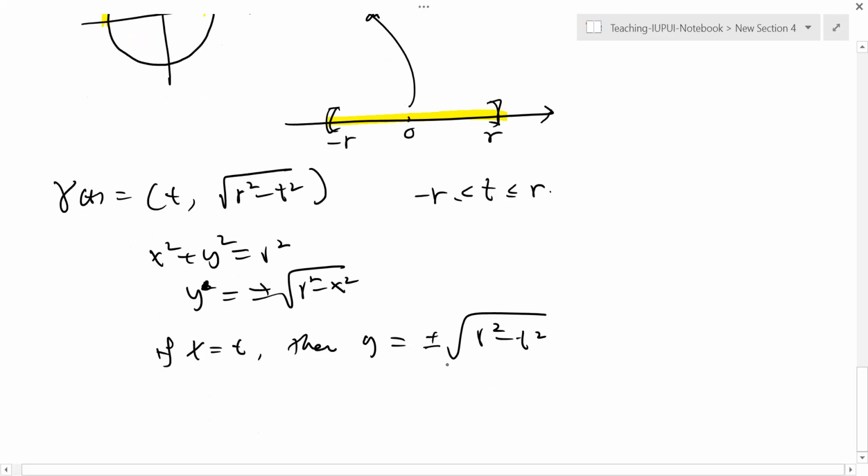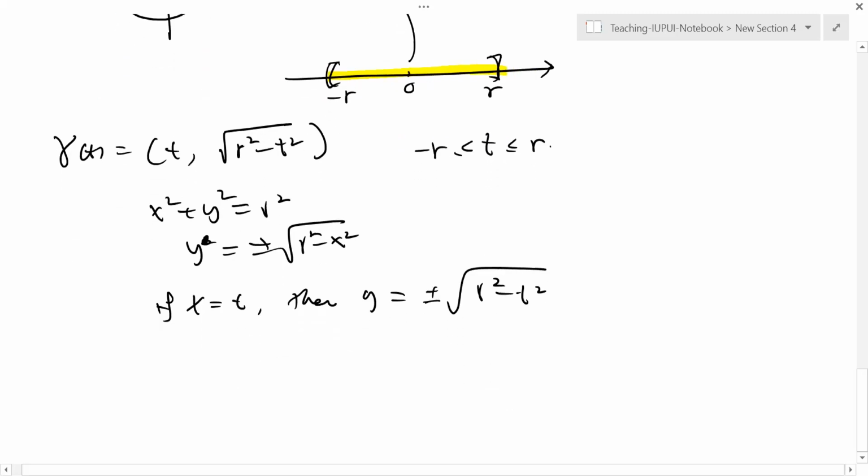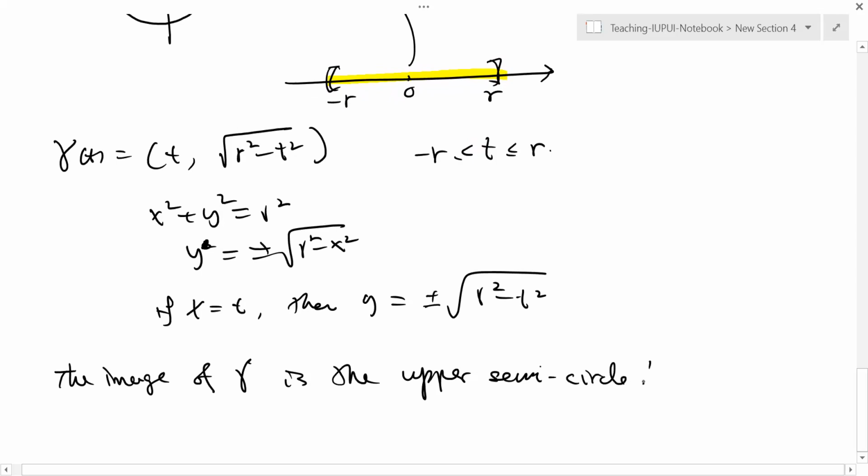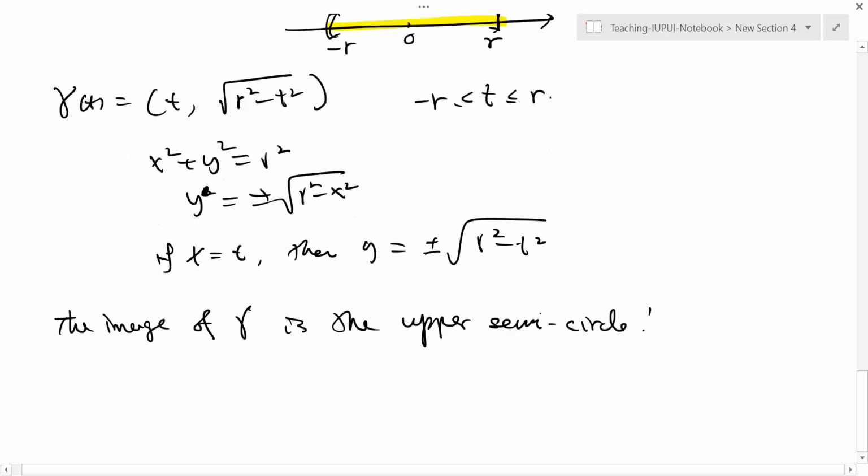Okay, so this is the y part. So the image for gamma is the upper semicircle.